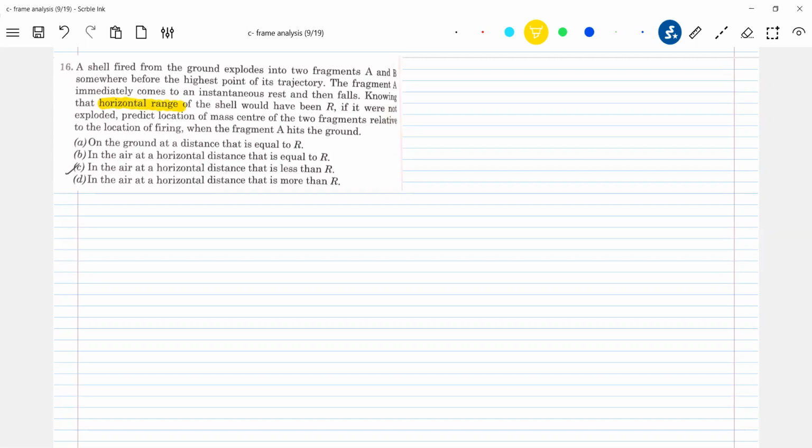So how is it projected? It's like a projectile motion, no? Knowing that the horizontal range of the shell would have been R if it had not exploded, predict the location of the mass center of the two fragments relative to the location of firing when fragment A hits the ground.